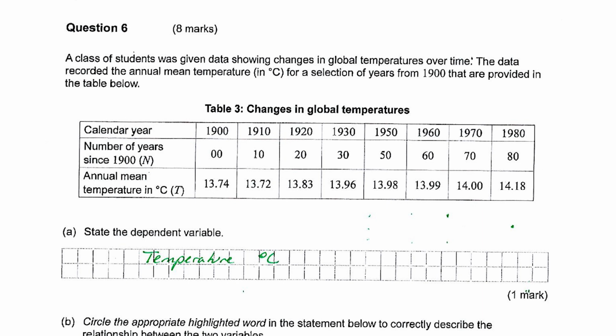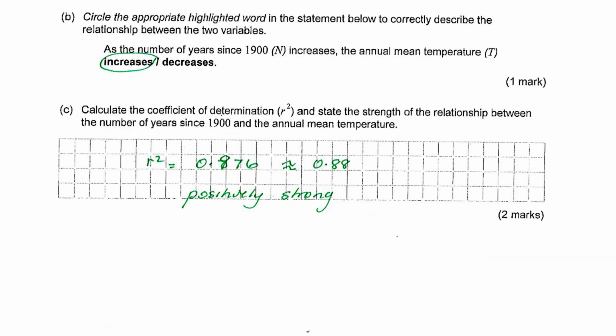We were looking for increases for part B, and to calculate the coefficient of determination, most students could get the value, roughly 0.876. I'm not sure if you have so many decimal places on your answer, but we give a few so that we can check rounding or see what they came up with.